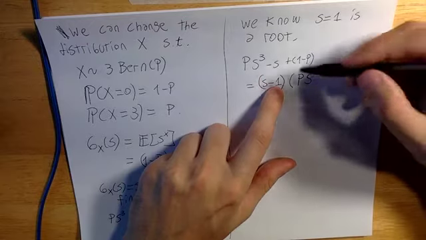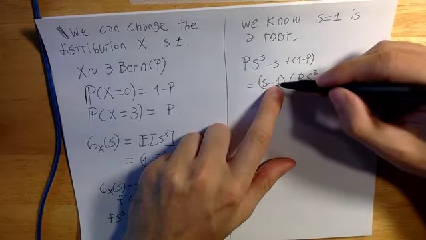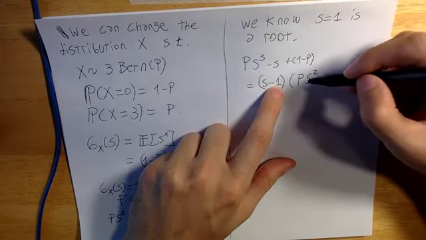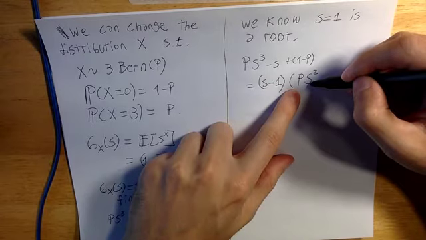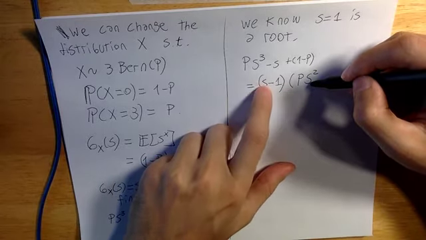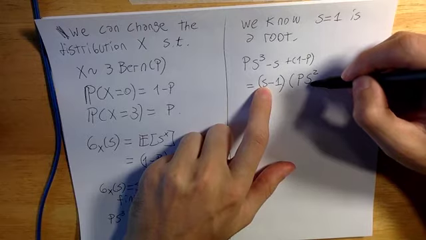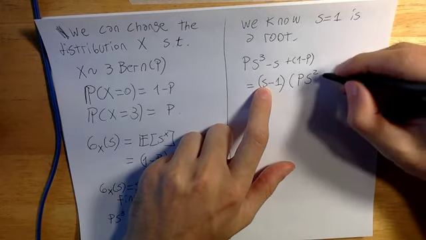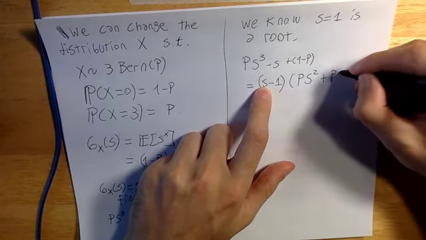But then I'm going to get another term that looks like minus p s squared. So then I need a term that cancels out with this term, which would be plus p times s.